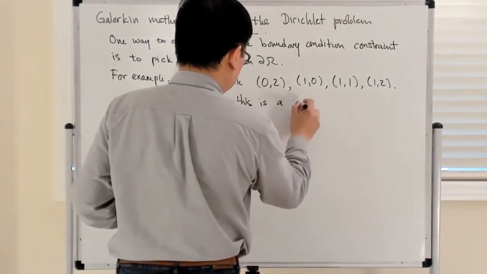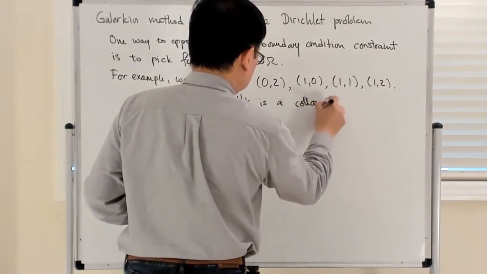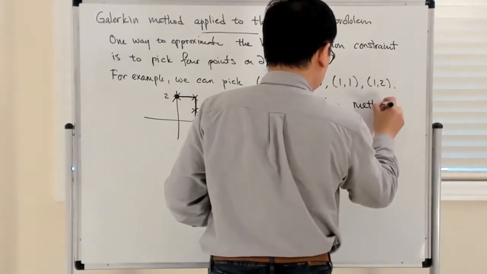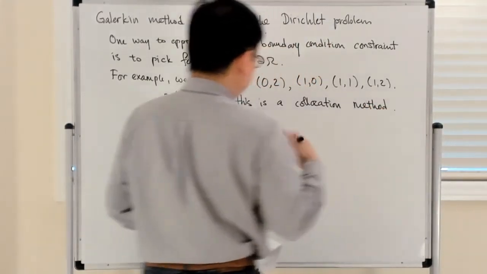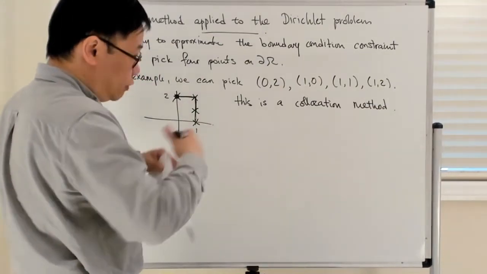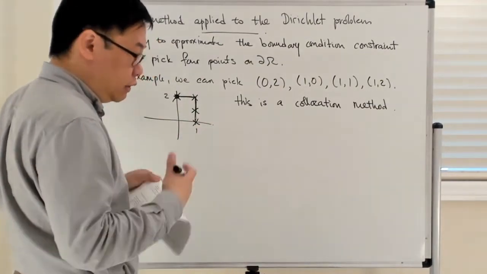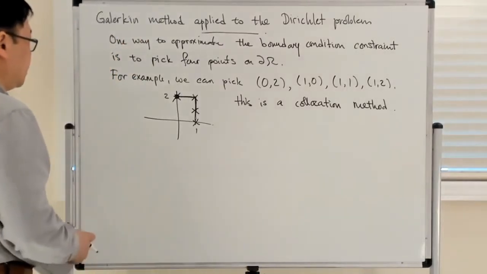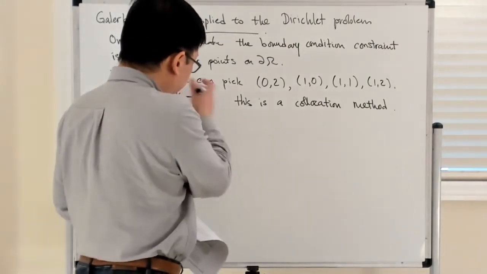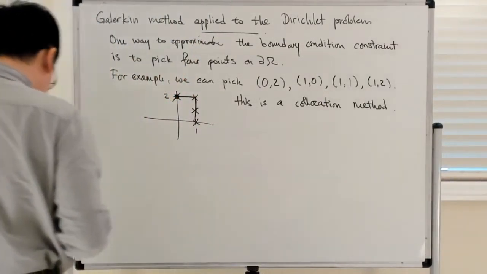This is what is called a collocation method, where you just do a pointwise evaluation of something which is satisfied over a continuous interval. You also can do collocation in time as well, but here we're doing collocation in space in some appropriate sense.